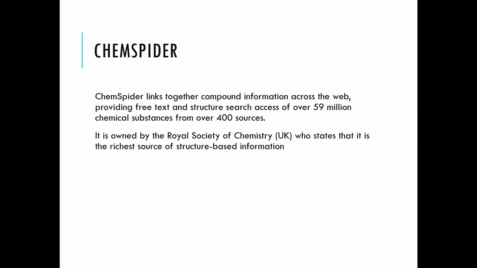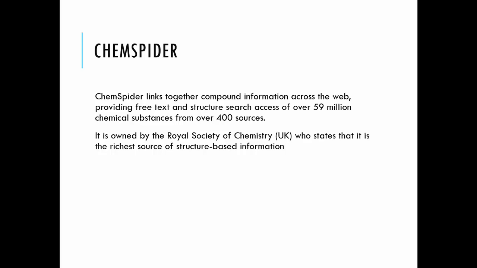ChemSpider. ChemSpider's been around for a few years now. It's compiled by the Royal Society of Chemistry, which is the British counterpart of the American Chemical Society. So chemists all over the world have given information on various chemical substances.